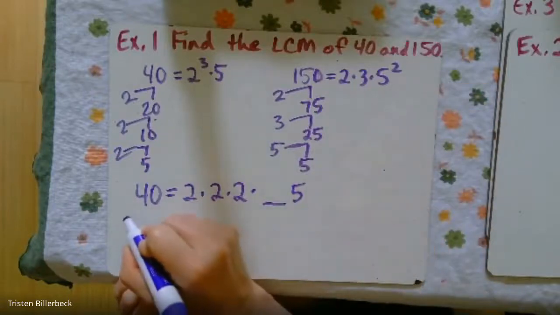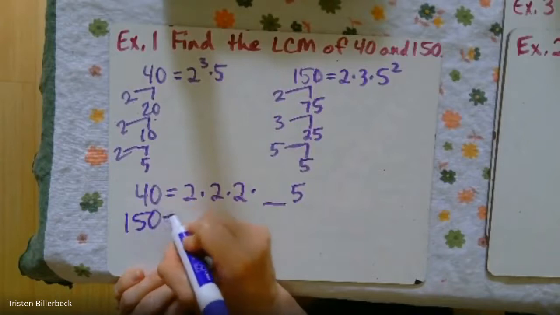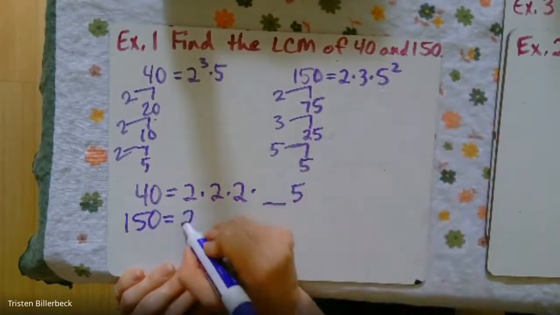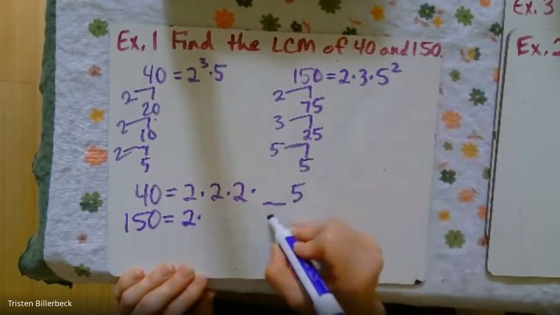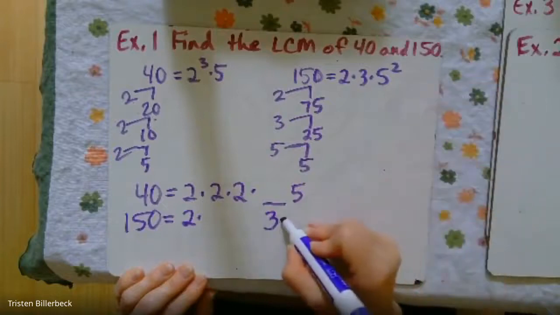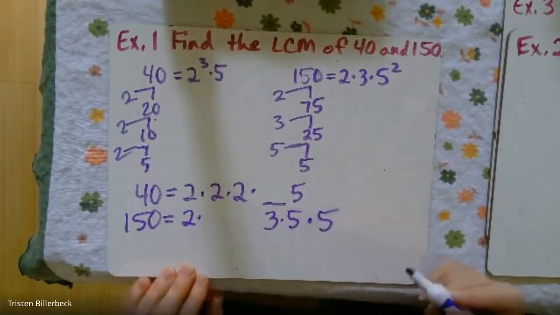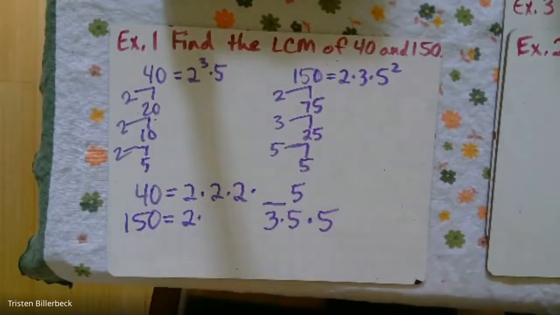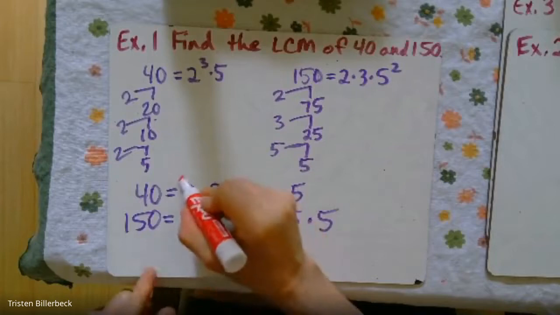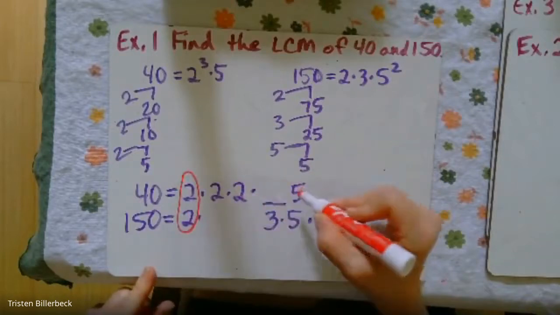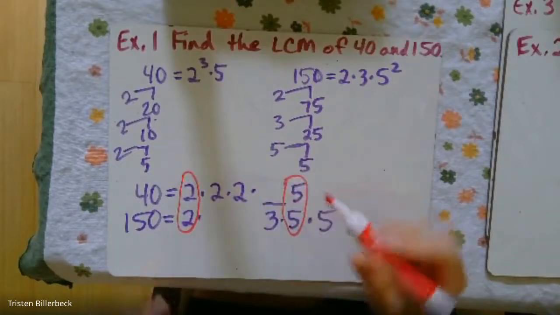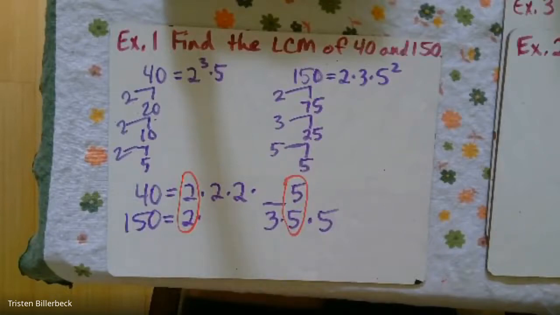So let's write 150 down now. 150 has a 2, and then it has a 3, and then a 5 and a 5. All right, so we note which ones are duplicated. Okay, so we have some duplicates there.